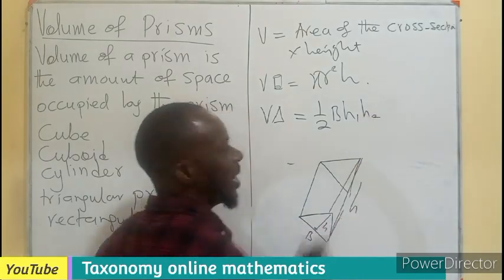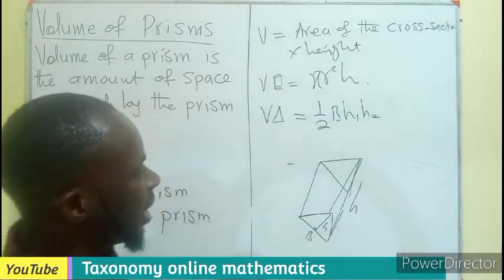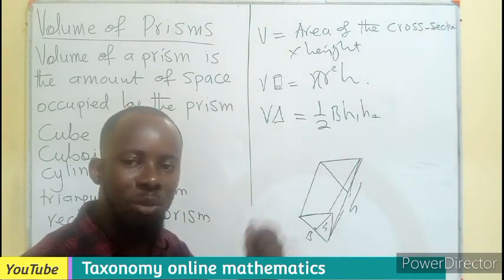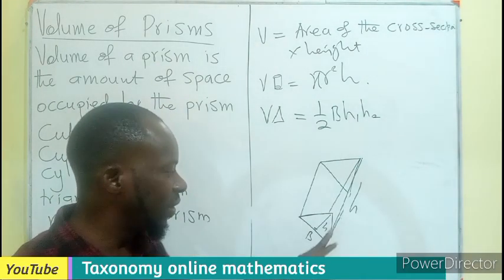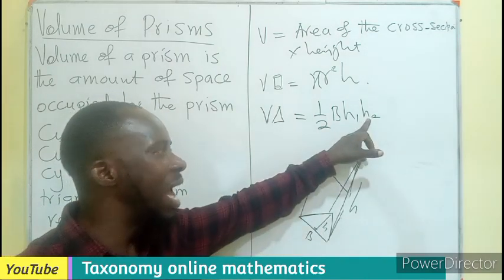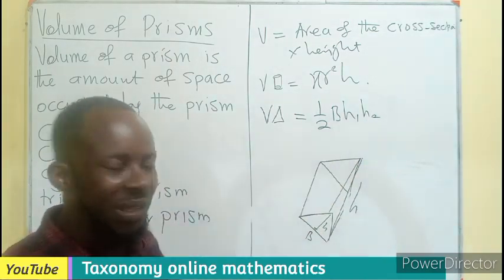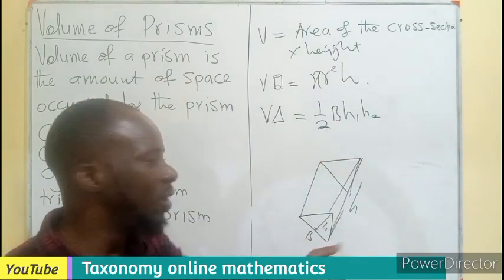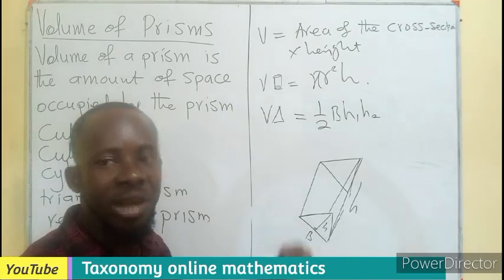And that will be the second height. So in case of a triangular prism, we are going to be multiplying the height of the triangle, the base, by the height of the prism itself times the base times half. That's 0.5. Already we know the area of a triangle.